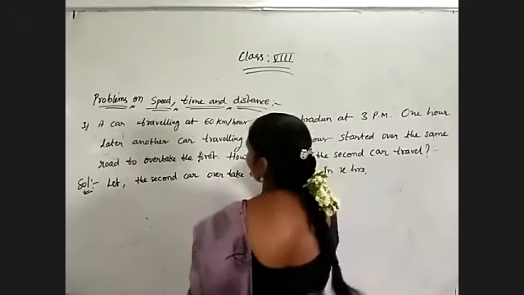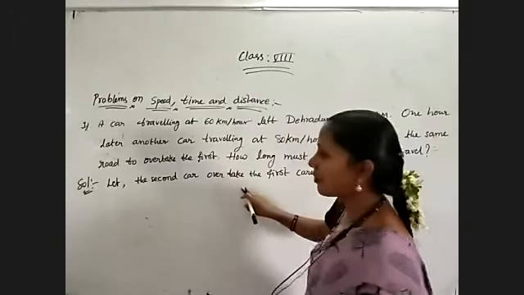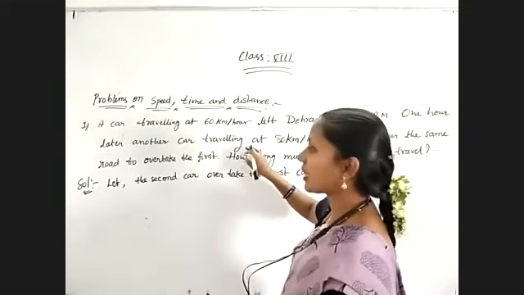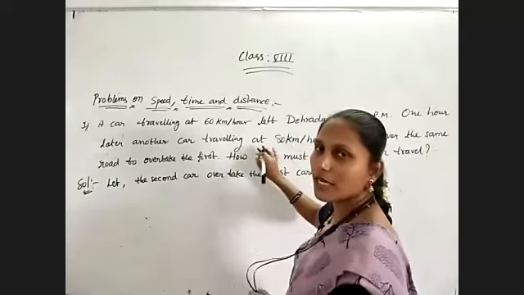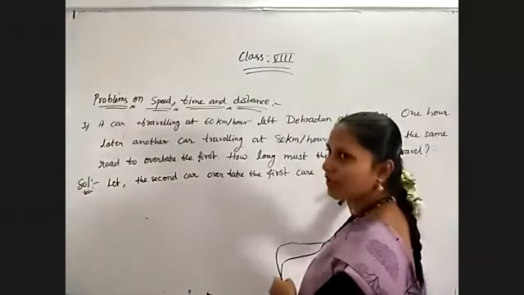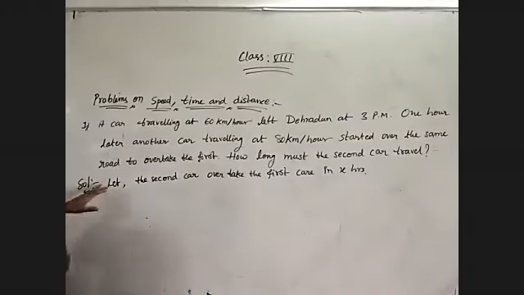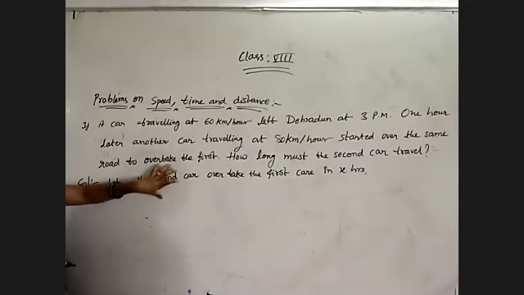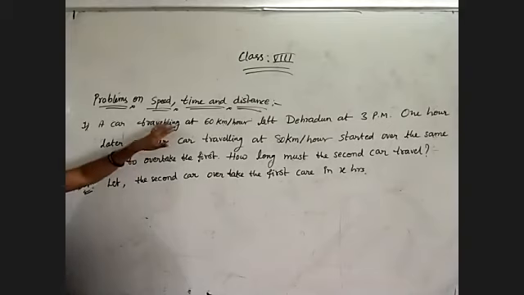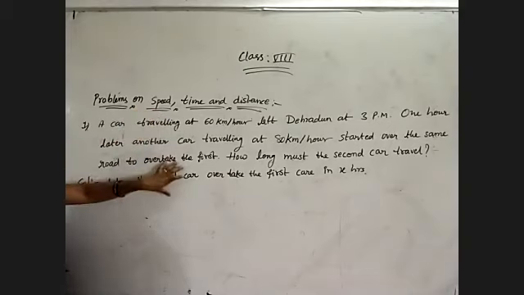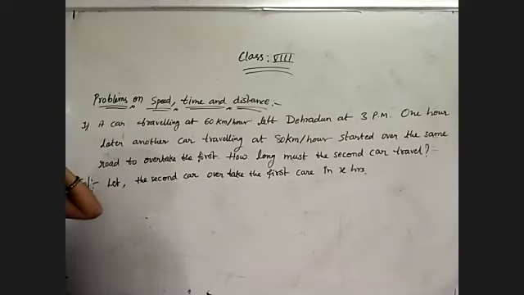Means time taken by the second car to overtake the first car is equal to x hours. Okay, now, so how much time is taken by the first car? Before that, 1 hour earlier only the first car was traveling. So time taken by the first car is equal to x plus 1 hour.